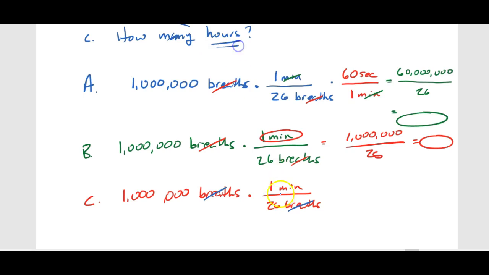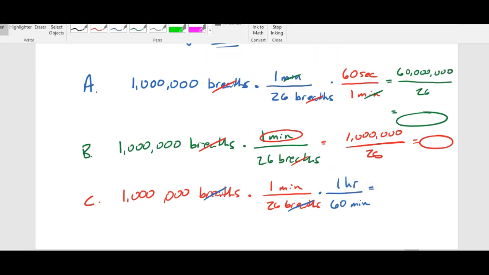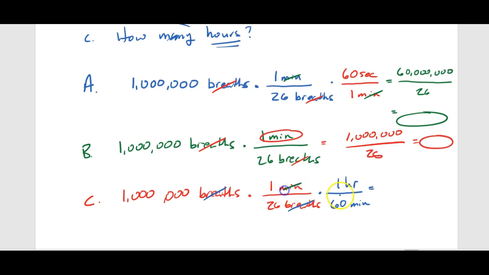So now I need to think about the relationship between minutes and hours, and that there are 60 minutes in 1 hour. And I arrange it that way because I want those two units to cancel out, and the only unit I have left is hours. So in the numerator, you'll have 1 million times 1 times 1, over 26 times 60.